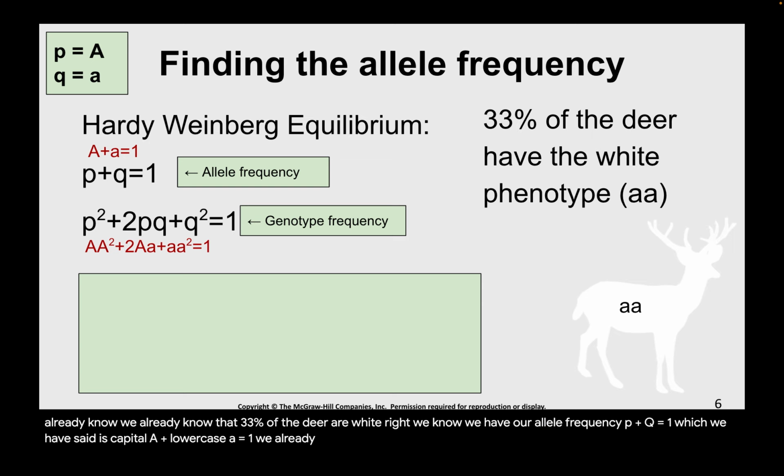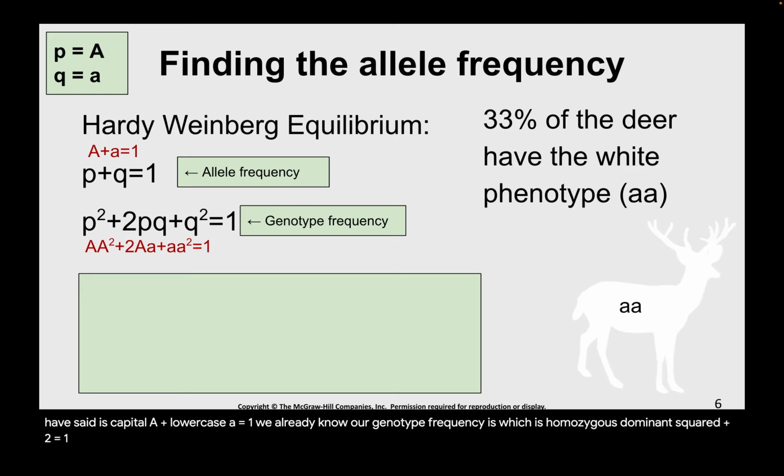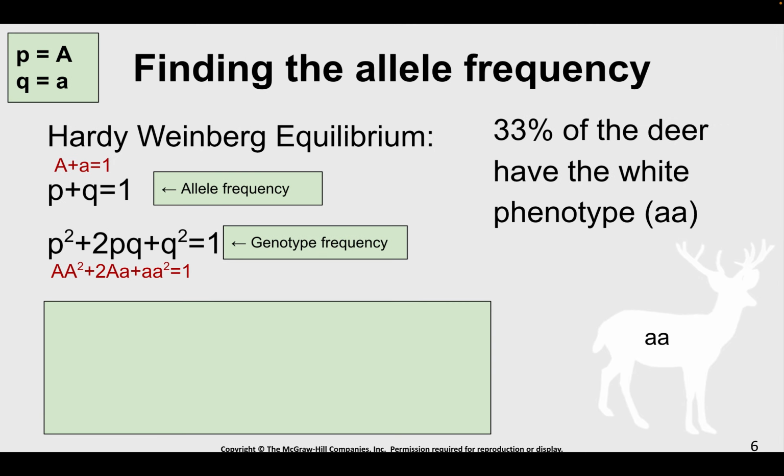We already know what our genotype frequency is, which is homozygous dominant squared plus 2 times heterozygous plus homozygous recessive squared equals 1. Out of these equations, we already know the frequency of homozygous recessive. We've calculated that. We know it's 33%, or 0.33.